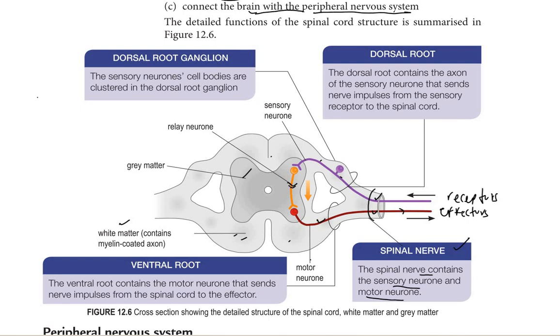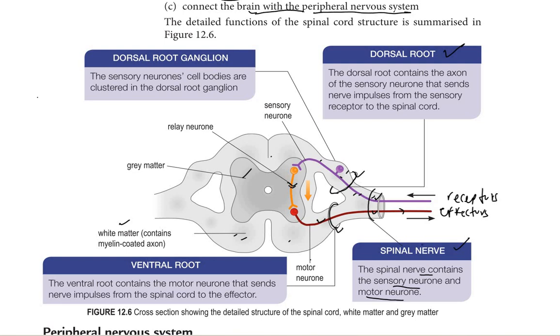This spinal nerve later will branch into two: first the dorsal root here, and second the ventral root. The two branches come from the spinal nerve.